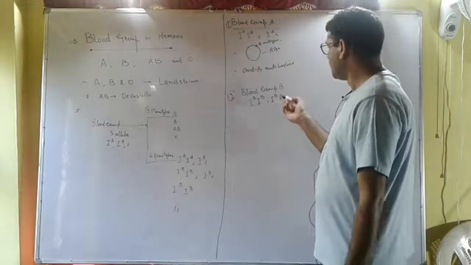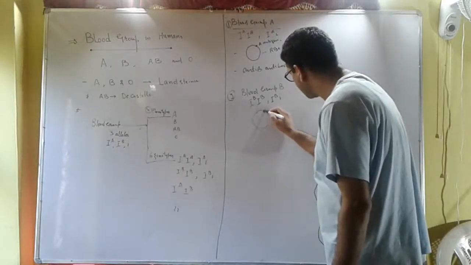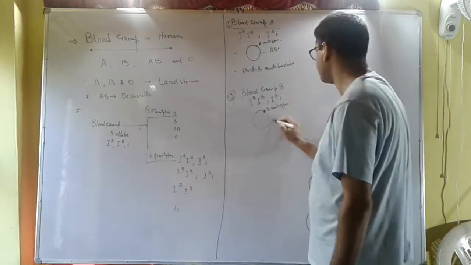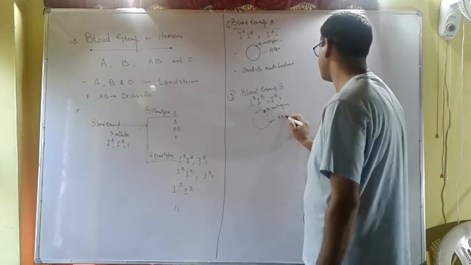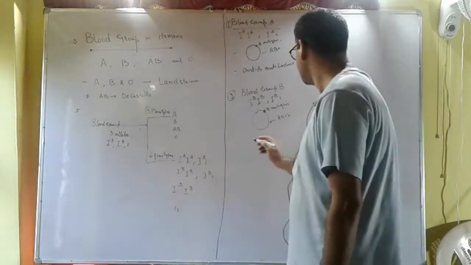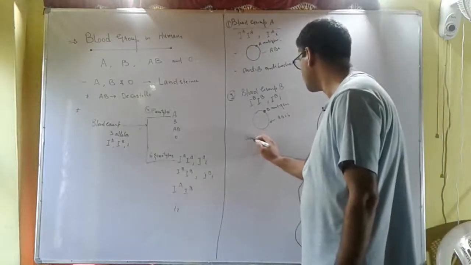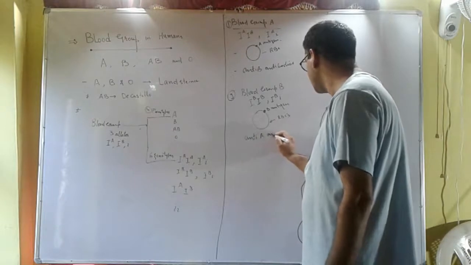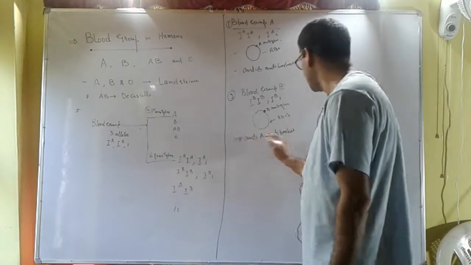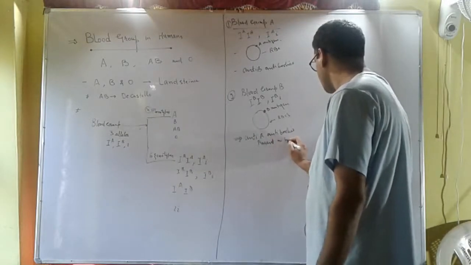The B antigen is present on the surface of their RBCs, and they have anti-A antibodies present in their blood plasma.